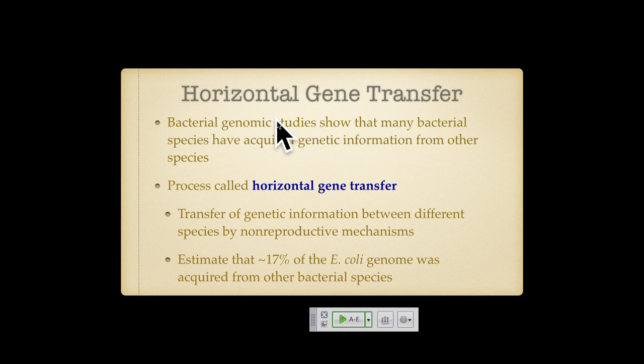Because we have so much genomic data now, it's becoming clear that a lot of these bacterial genomes are composites of genes that have been pulled from other species, estimating that almost 1/5 of the genes in E. coli were actually probably acquired from other species. So the bacteria do this. They don't seem to recognize species barriers all the time, and they seem to be able to transfer this genetic information very efficiently.